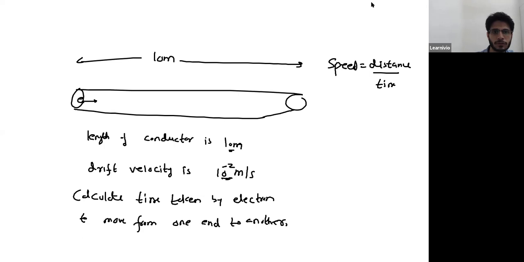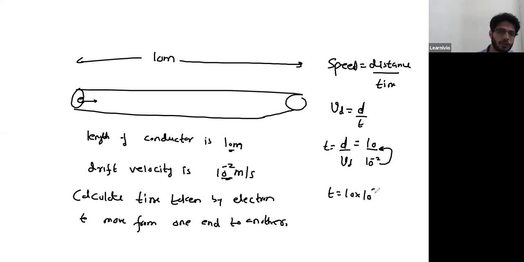Okay, 0.15. 1. Why 1? See, speed is distance upon time, so time comes out to be distance upon speed. Distance is 10 meter and speed is 10 raised to the power minus 2. If I take it in the numerator, then it's 10 into 10 raised to the power plus 2.